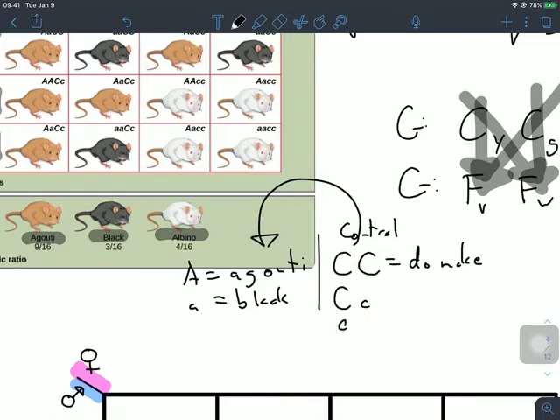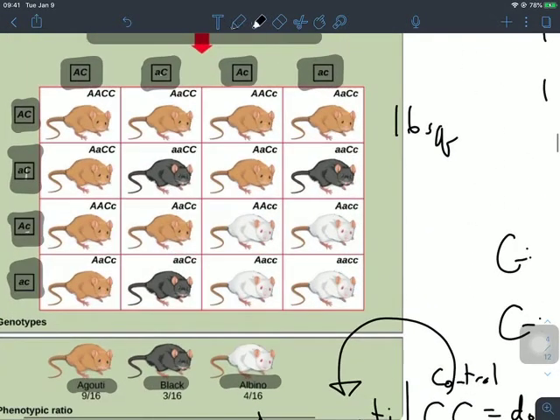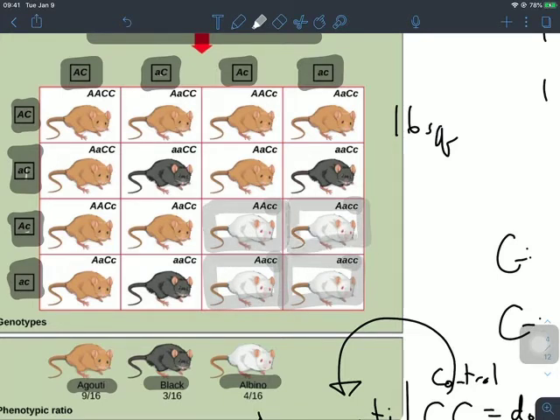But if you are homozygous, little c, no matter what color you have at your agouti locus, you never make any color. Therefore, you end up albino. This means that any genotype that has 2 little c's will always be albino. And there are our 4 albinos.